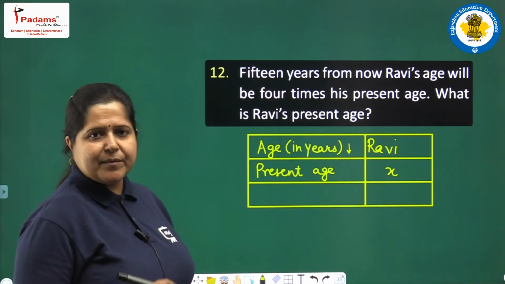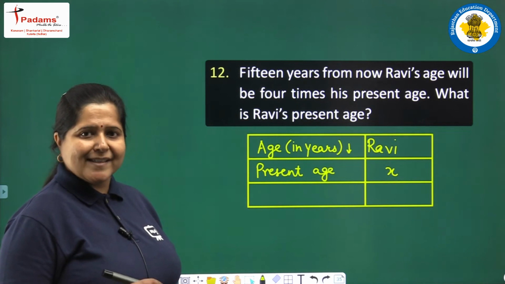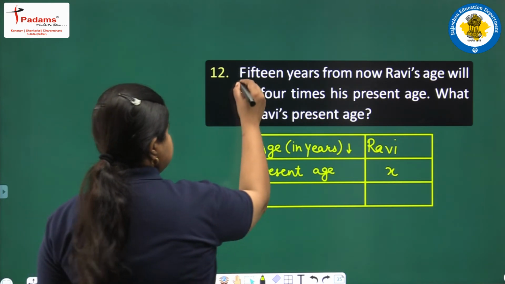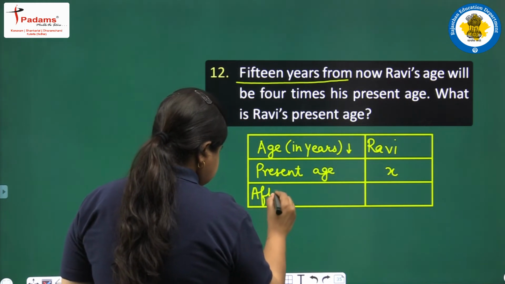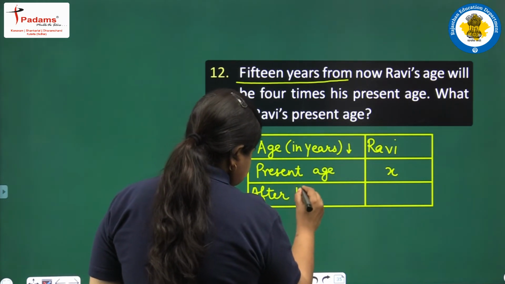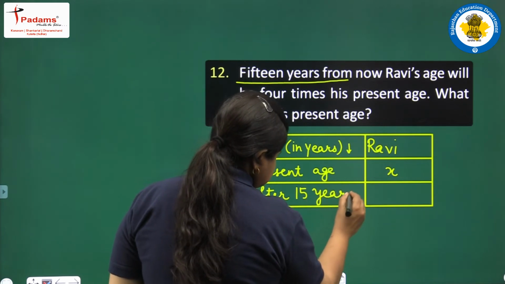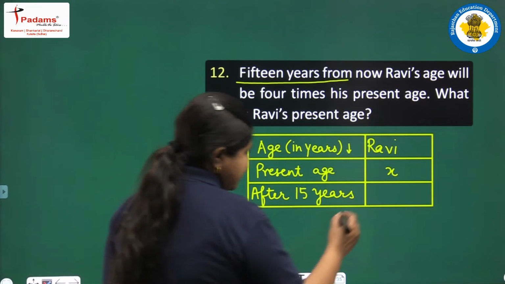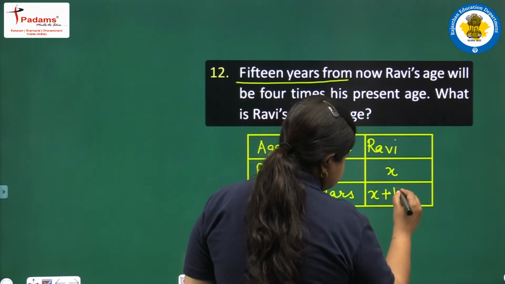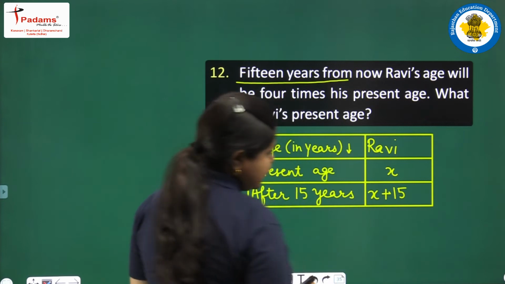Let us suppose that the present age of Ravi is x years. Now 15 years from now, we need to write the age after 15 years. What will it be? Yes, add 15 to x, x plus 15 years.